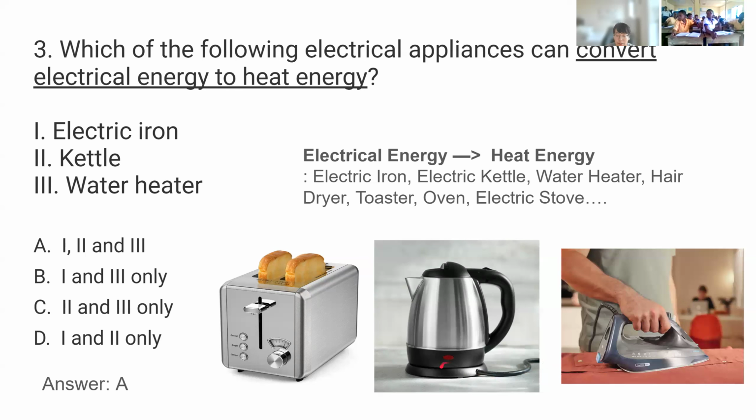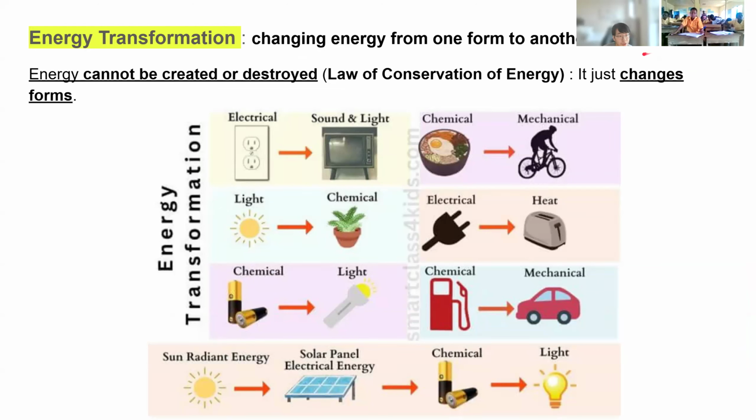Let's look at energy transformation in a little more detail. Changing energy from one form to another is called energy transformation. But it is really important to note that energy cannot be created or destroyed. It just changes forms.